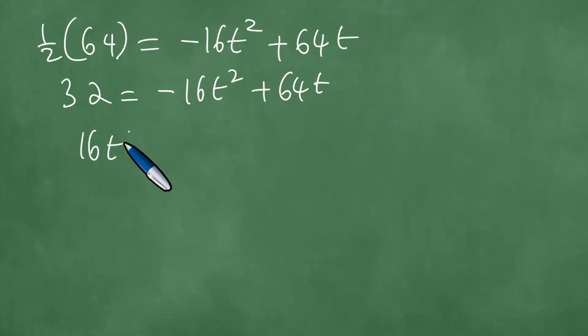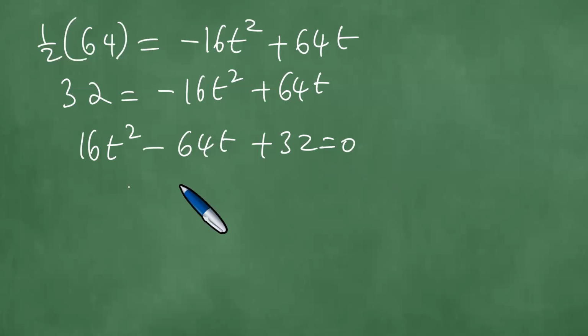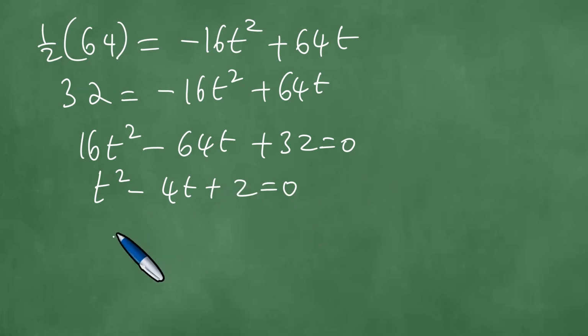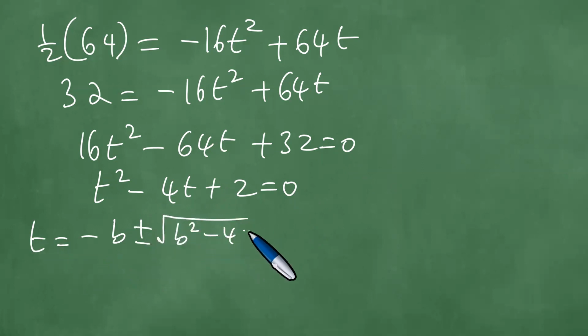What do we have here? We have 16t squared minus 64t plus 32 equals 0. Divide by 16 and you have t squared minus 4t plus 2, which equals 0. And t equals minus b plus or minus the square root of b squared minus 4ac, all over 2a.